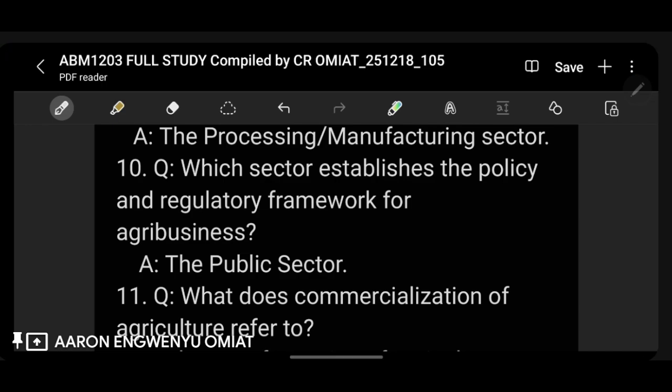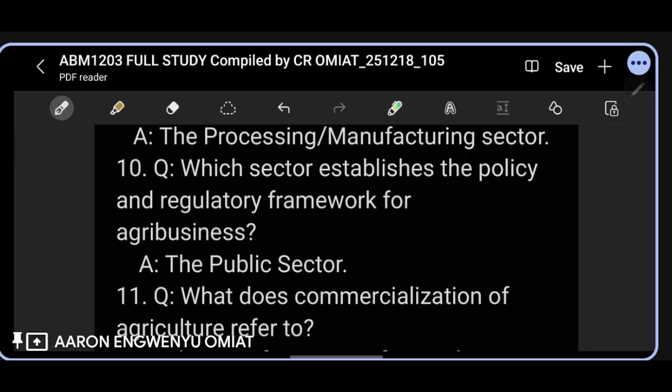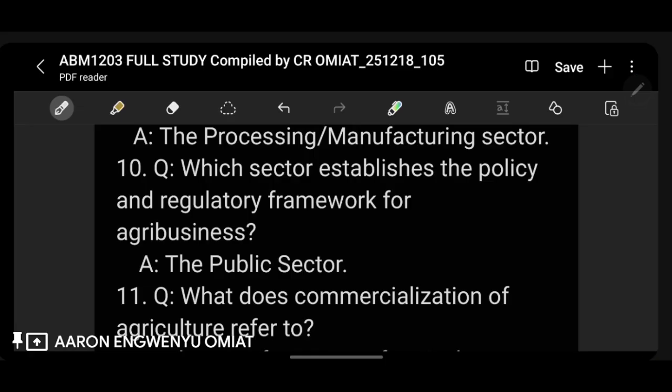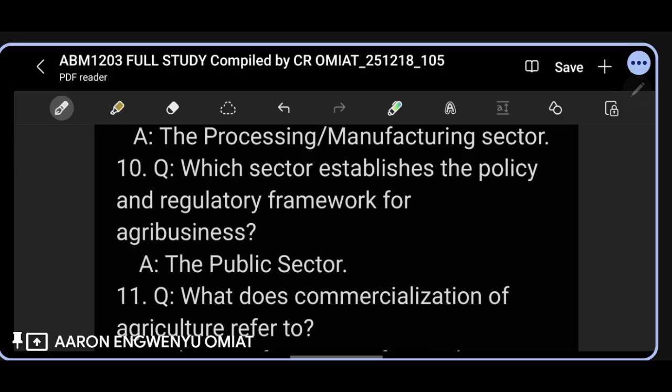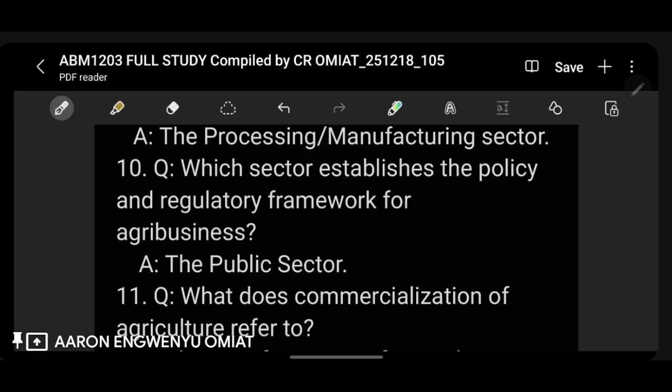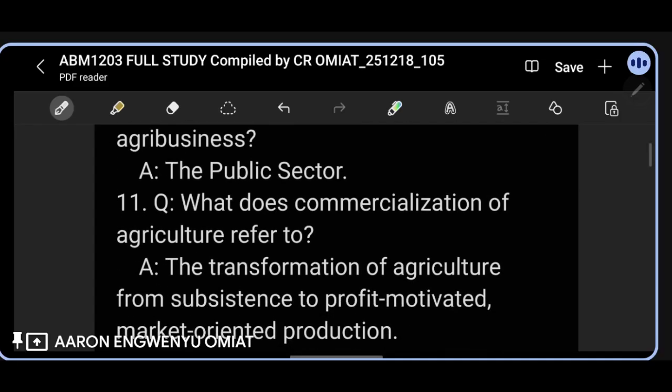Like commercialization deals with money, and agriculture deals with cultivation and rearing. Yes. So commercialization of agriculture, I think it's the practice of our people growing and cultivating, growing crops and rearing animals mainly for sale. Perfect. The transformation of agriculture from subsistence to profit-motivated, market-oriented production. The definition is okay.